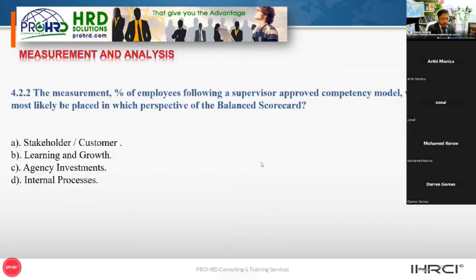Okay, now the question, the measurement. Percentage of the employees following a supervisor approved competency model would most likely be placed in which perspective of the balanced scorecard? Balanced scorecard is not a one-time event. It's a journey. Keep going. Year by year you will have a rolling out. 5 year strategic planning.